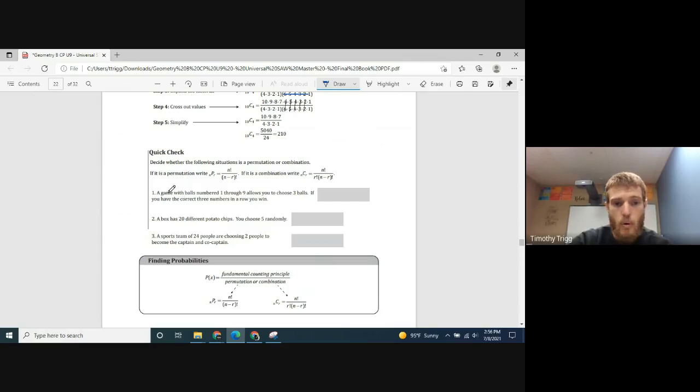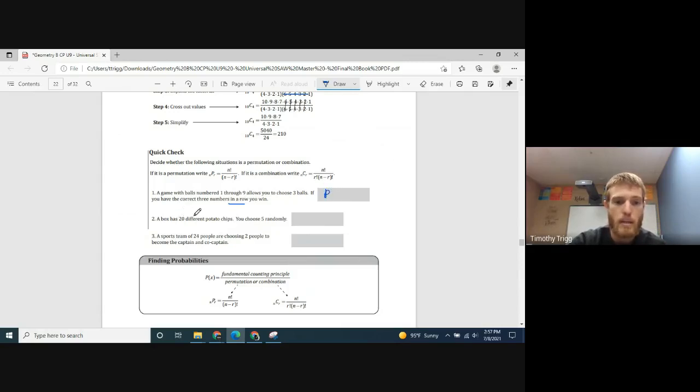All right, so a game with balls numbered 1 through 9 allows you to choose 3 of them. If you have the correct 3 numbers in a row, you win. Pretty sure the "in a row" part indicates that order matters. So that I would say is a permutation.